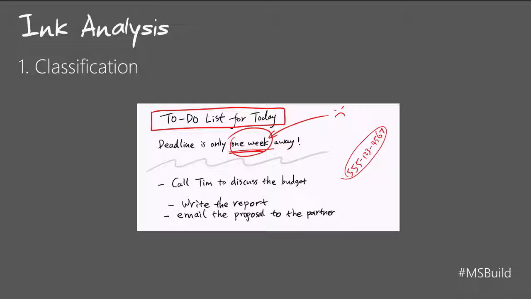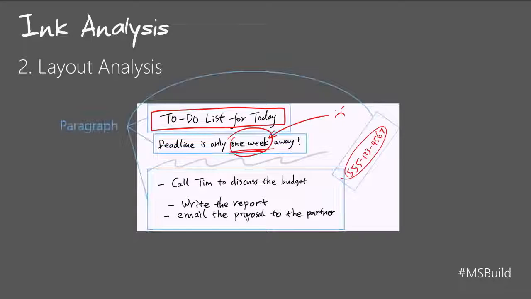So here you can see it found a bunch of text on the left side, a text on the right side, and a bunch of drawings. After that, it analyzes the document structure of the text. So it finds there are a bunch of paragraphs inside, and you can see that the bullet list is grouped into the same paragraph.